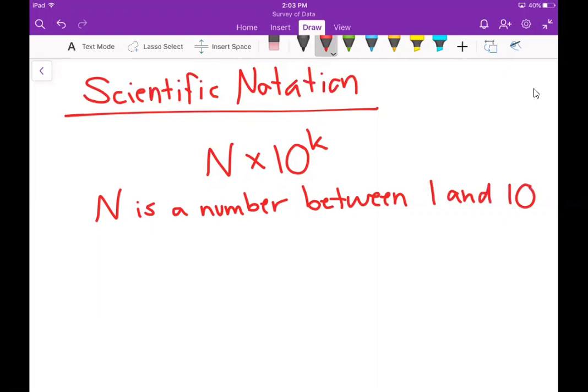Or if we're looking at a negative number in scientific notation, it could be between -1 and -10. Basically, this number here is always a one-digit number. It could have decimals behind it, but there should only be one digit in front of the decimal.